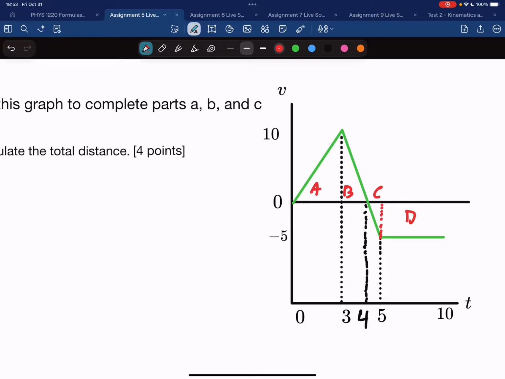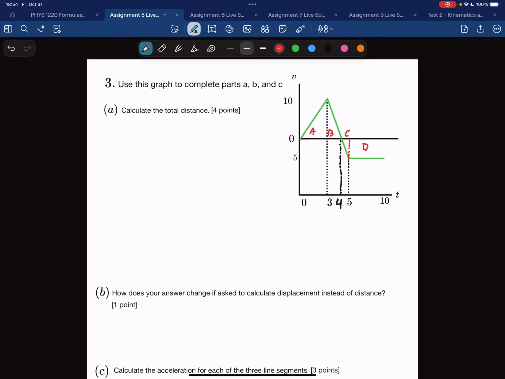So we got 3 triangles and 1 rectangle. We need to calculate each area. The reason I need area for distance is that distance is area on a velocity versus time graph.